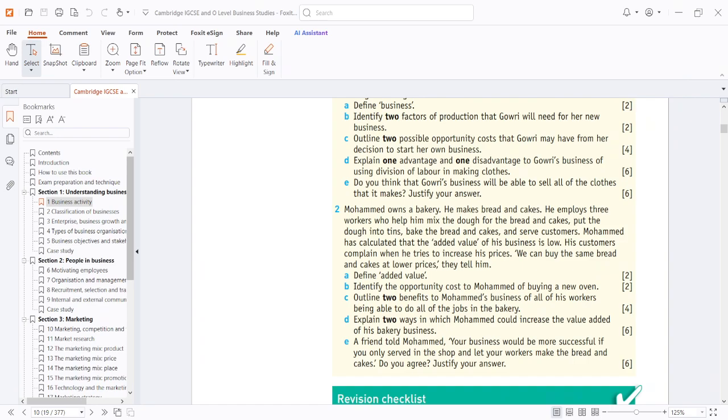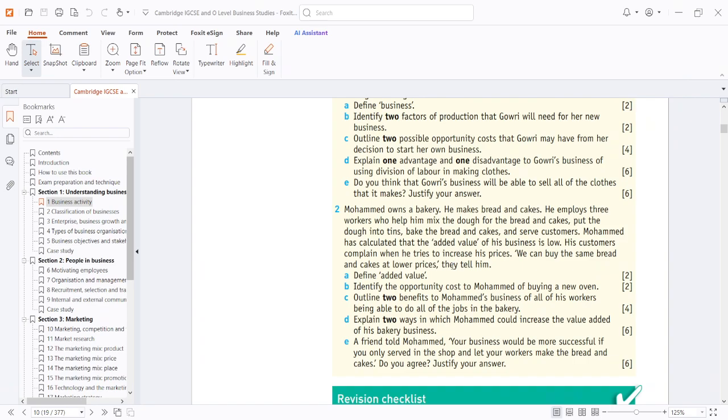So either increase the selling price but keep the cost of materials the same, or reduce the cost of materials but keep the price the same. In this case, he could reduce the cost of the dough or any other materials he uses to make the bread and cakes, and that would be 2 ways to increase value added. That's a 6 marker. Make sure to structure it well.